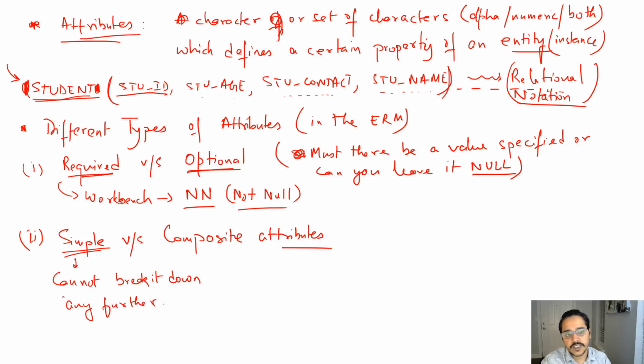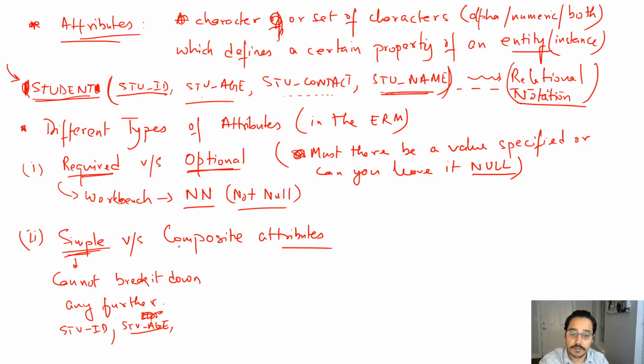Examples of such attributes would be your student ID, okay, your student age, because think of the value that student age will have. It will have a value like 21, 22. Can you break this down any further to make any meaningful sense? Not really, right?